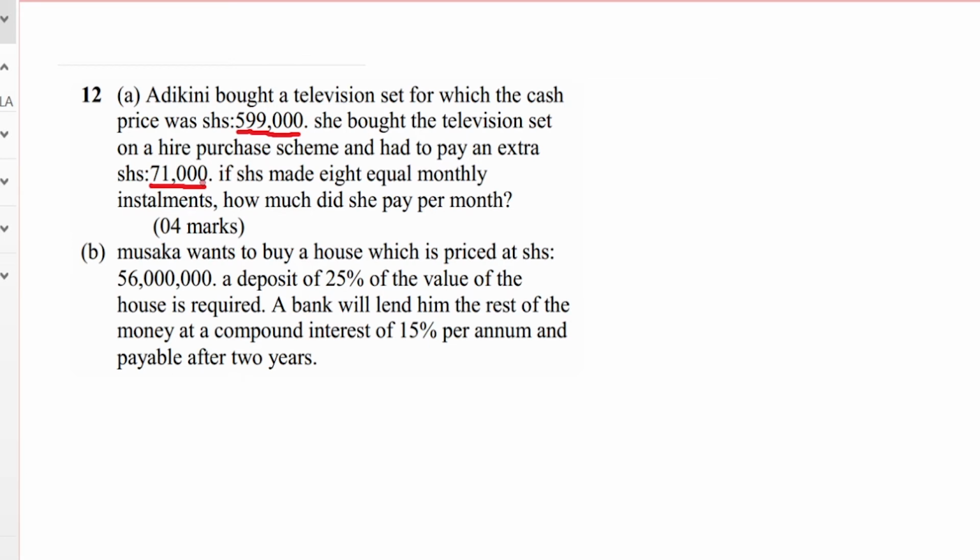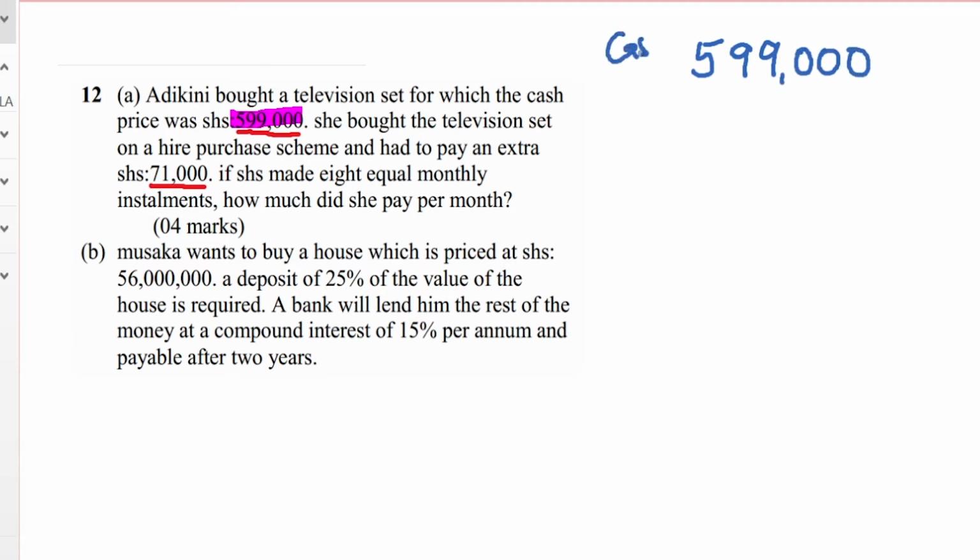Now, if you look at this question, you're supposed to understand what we mean by hire purchase, and then there's cash payment where you buy. So according to this question, they're telling us that if Adikini had bought the thing straight up and paid cash, she would have paid 599,000.